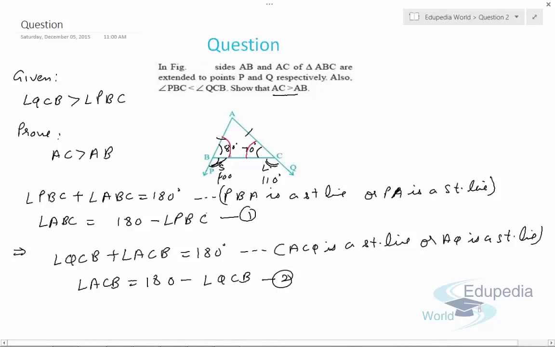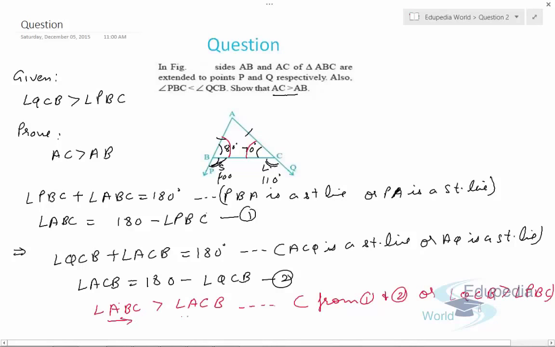You can clearly see from the example I have given. So I can write that angle ABC will be greater than angle ACB. Why? Because from 1 and 2, angle QCB is greater than angle PBC.